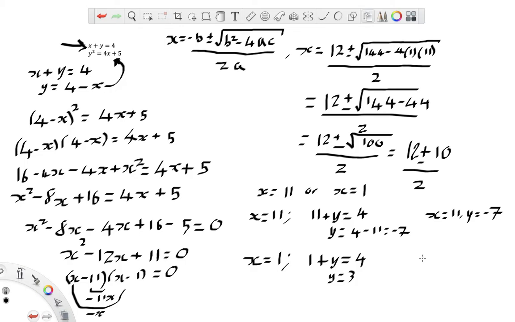So then our other solution is when x is equal to 1, y is equal to 3. So there, obviously 4 solutions, 2 pairs, so I'll just outline. This is one pair here, x is equal to 1 when y is equal to 3. And then this other pair here, x is equal to 11 when y is equal to minus 7. So there are solutions in the red boxes.